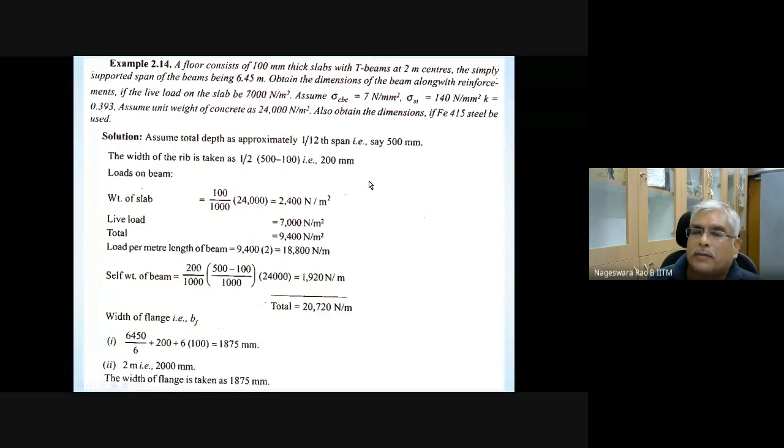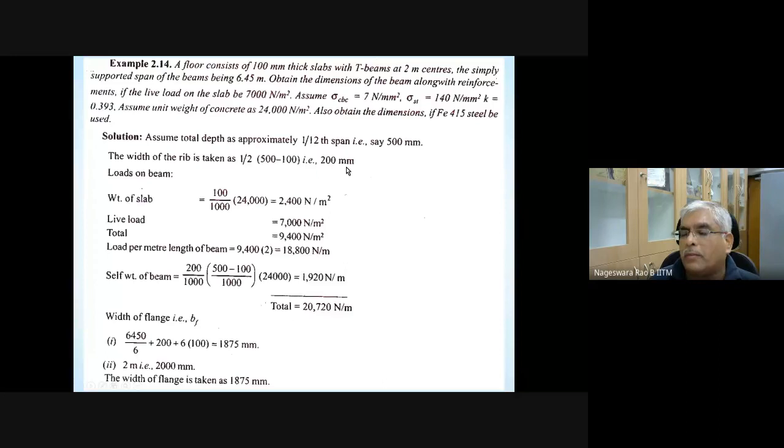The overall depth is 500 mm, out of which 100 mm is the slab thickness. So the depth of the rib is 500 minus 100, and half of it is taken as the width of the rib.